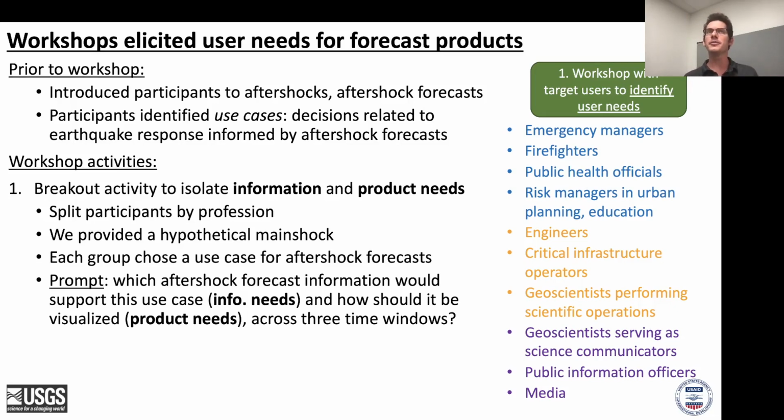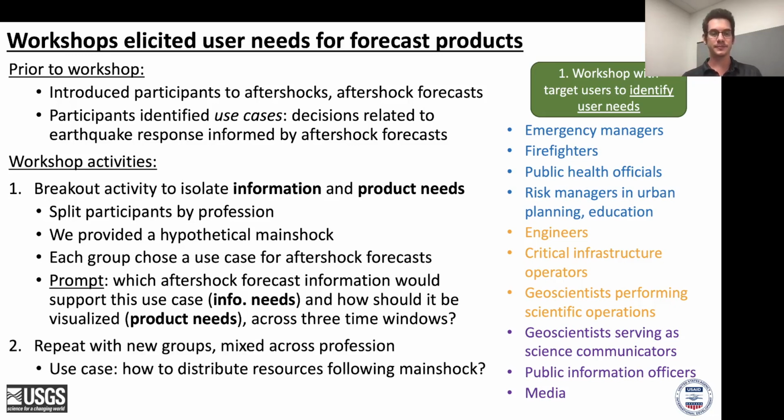Is it the number of expected aftershocks or the probability that one will be large? Is it aftershock rates or aftershock shaking? And how should that information be visualized, packaged, provided in a product? And we asked them to think about three distinct time windows: the first day, the first week, and the first month following the main shock.